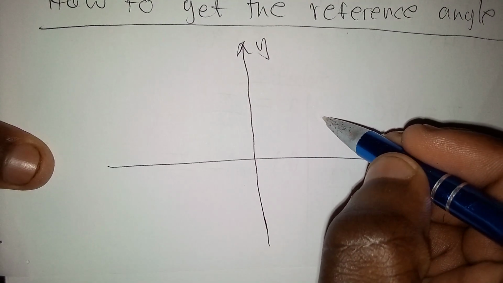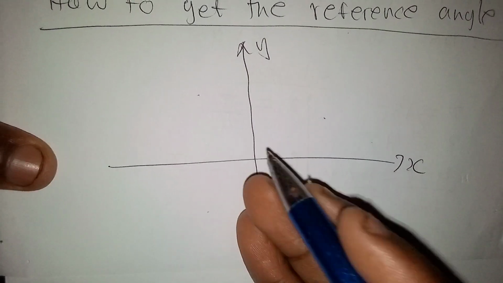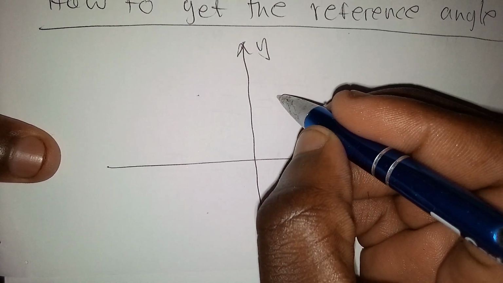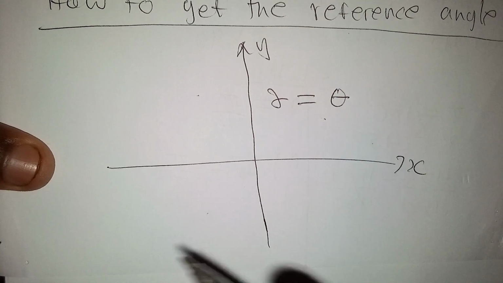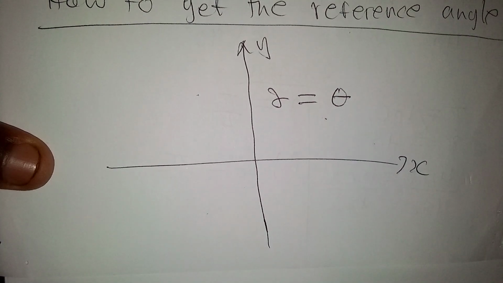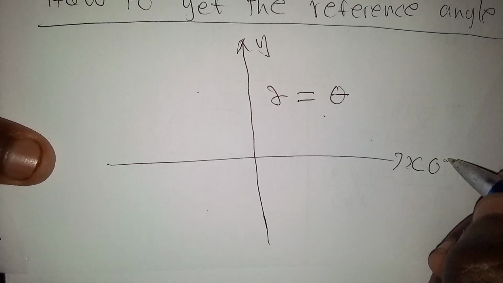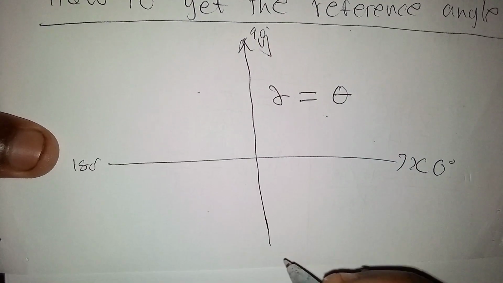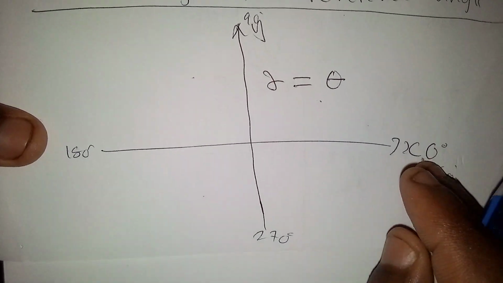So this is our first quadrant, second quadrant, third and the fourth quadrant. So let's call alpha the reference angle. So in the first quadrant, our alpha will be equal to theta, because it's already an acute angle. If it is the first quadrant, it is between 0 degrees and 90 degrees. So we are saying this is 0 degrees, 90 degrees, 180 degrees, 270 degrees, 360 degrees, which is one complete revolution.